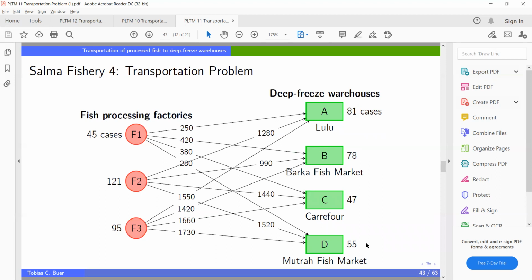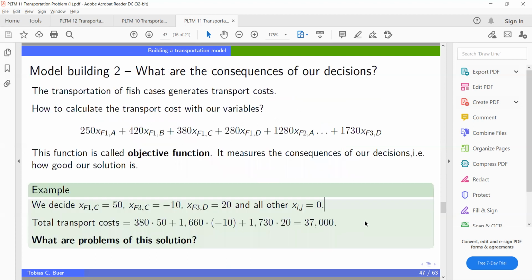However, this was the reason why we started with this problem. We need to make sure that the demand of every customer warehouse is completely fulfilled. So the example solution does not make sure that each warehouse receives the required cases of fish. This is one problem in this example solution.